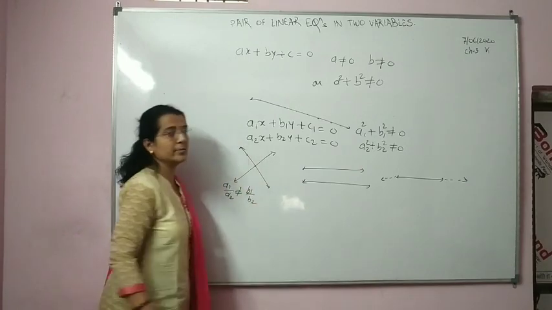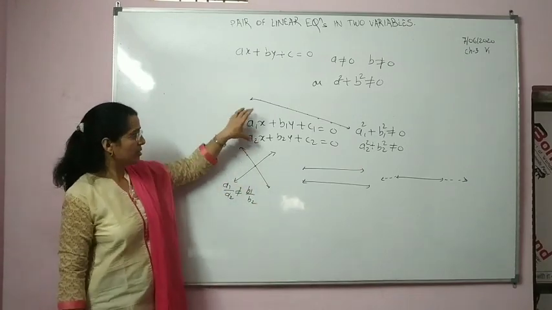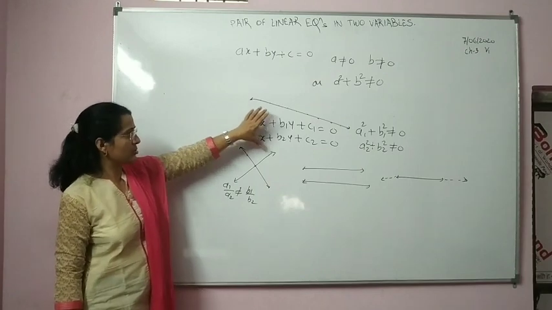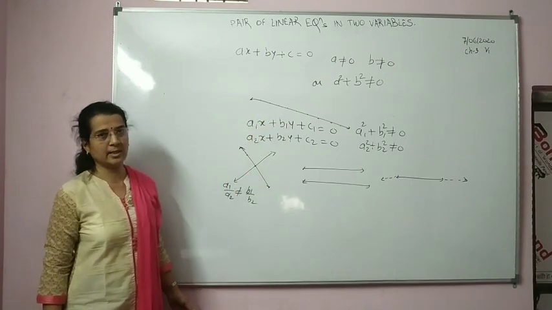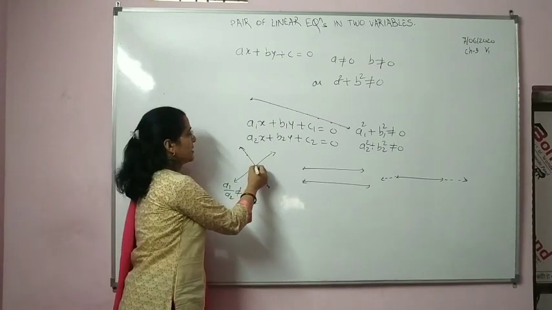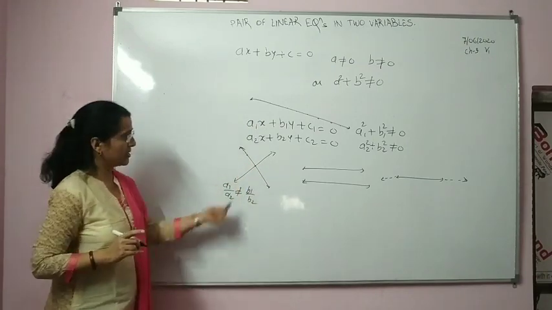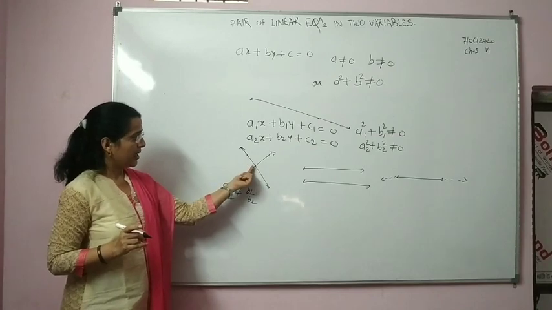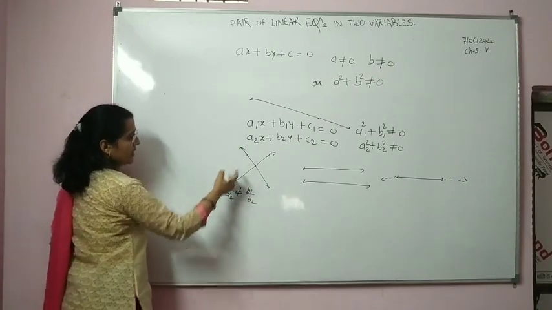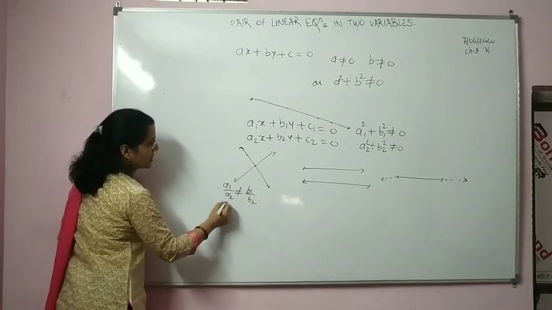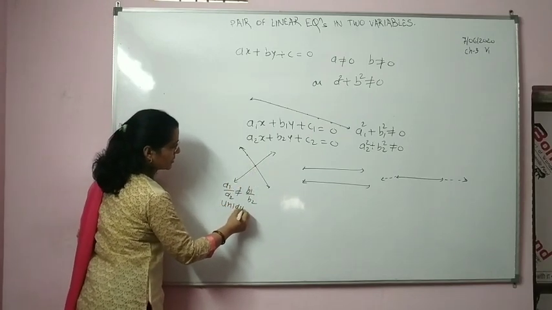It means without making the graph, if the two ratios are not equal, then we can say the lines are intersecting. They cut each other at only one point, and that point is the solution of the system of equations. This is the only one solution. Such a system has a unique solution.